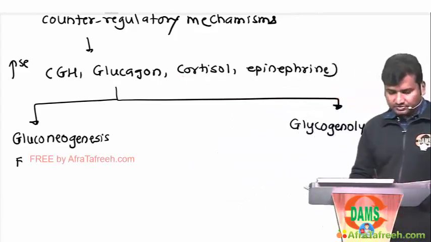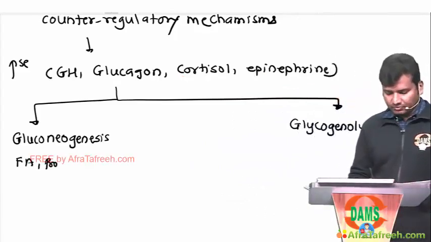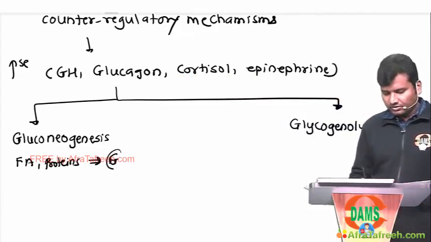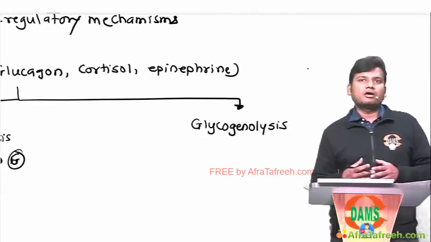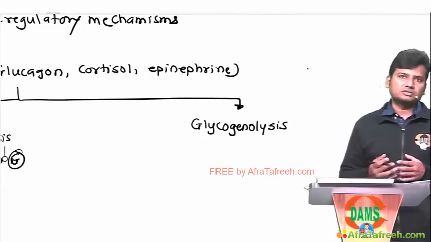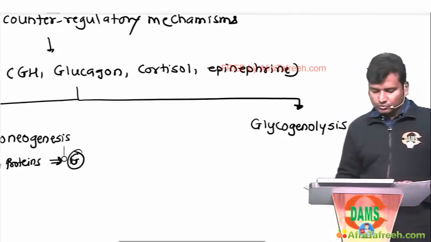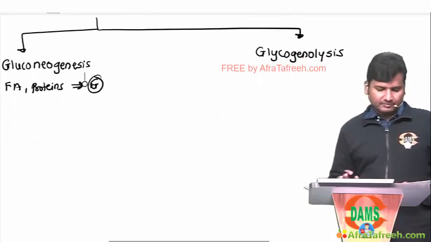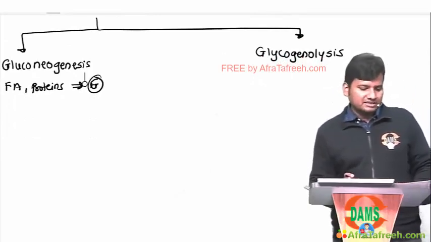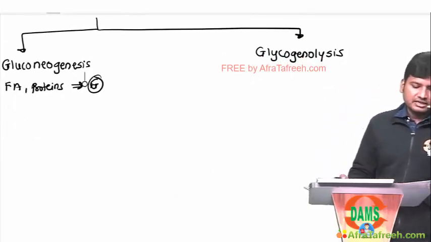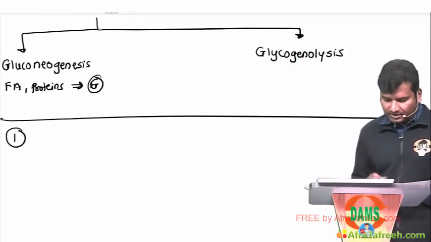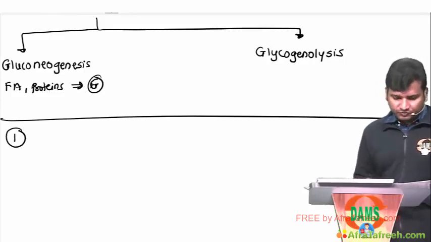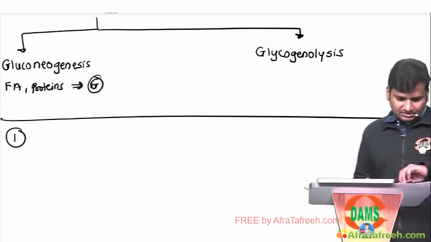Non-carbohydrate substances means fatty acids and proteins, that is amino acids. They will be converted to glucose. And glycogenolysis means breakdown of the stored form of glucose, that is glycogen. So these two processes will be stimulated. When gluconeogenesis and glycogenolysis are stimulated, we will see what happens in different parts of the body. First we will see what happens in muscles.